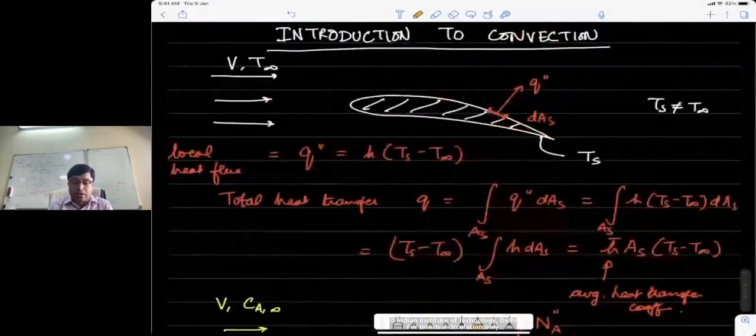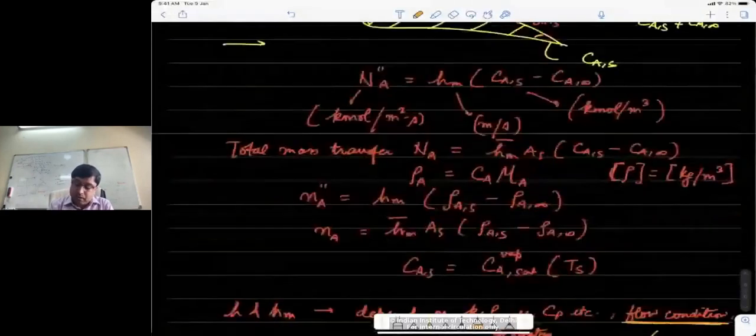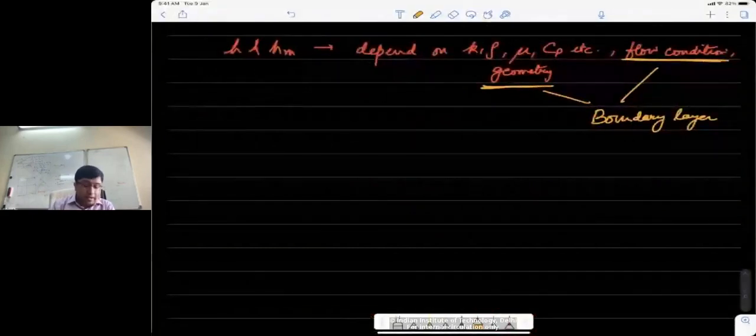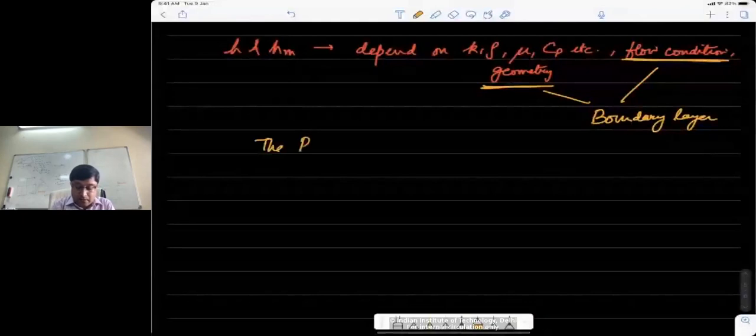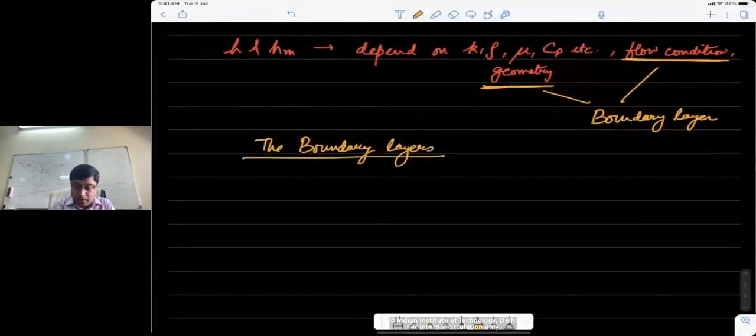The whole point of defining the local heat transfer coefficient and not a single heat transfer coefficient is that it's not constant over the entire surface, because it's governed by flow conditions and by development of a boundary layer. So we will consider those cases. So let's just look at the boundary layers first, and we look at boundary layers of all types.